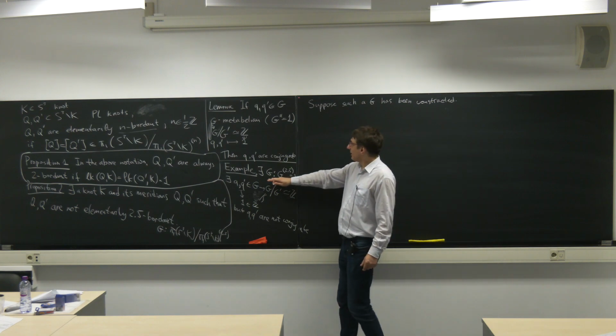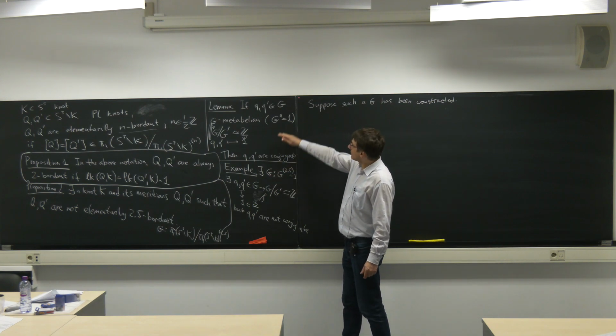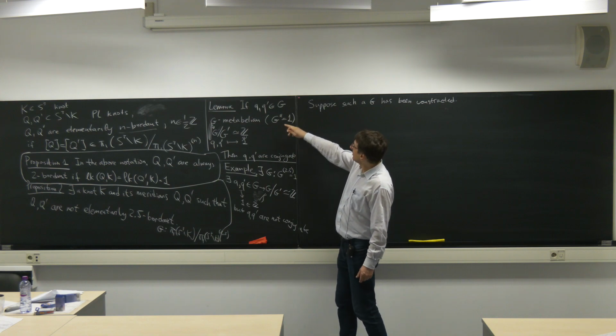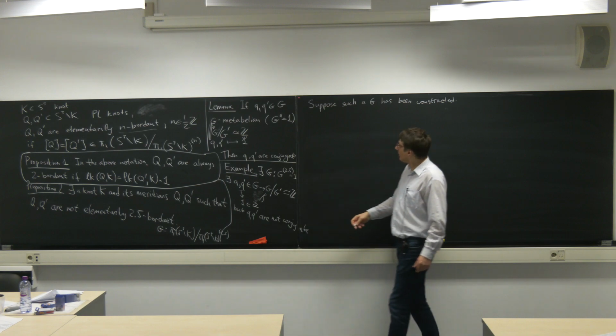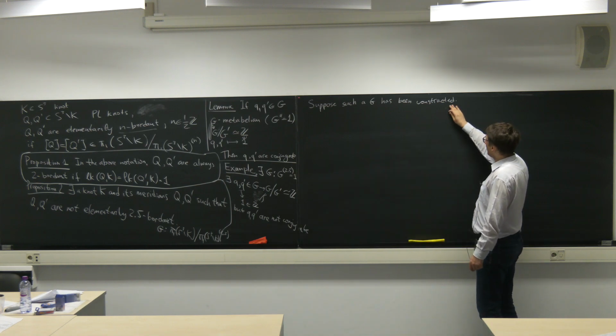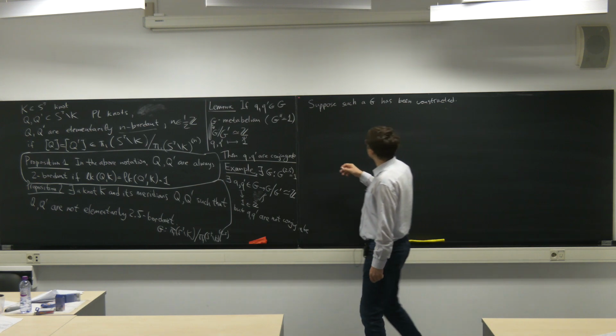Now I am doing an example which says that the lemma is not true if we replace double prime here with 2.5. So suppose such a G has been constructed.